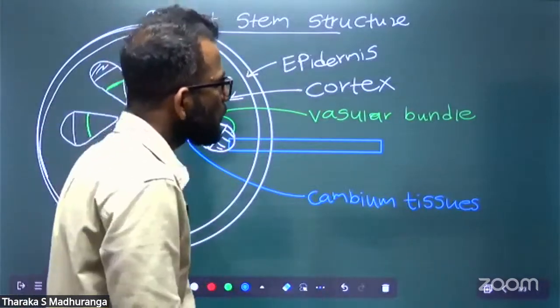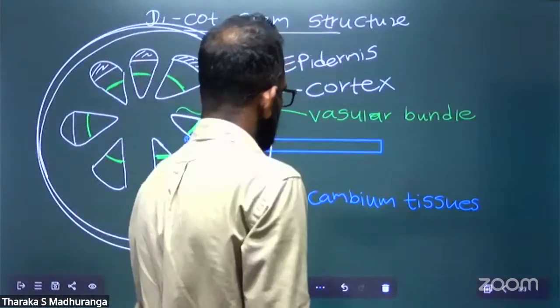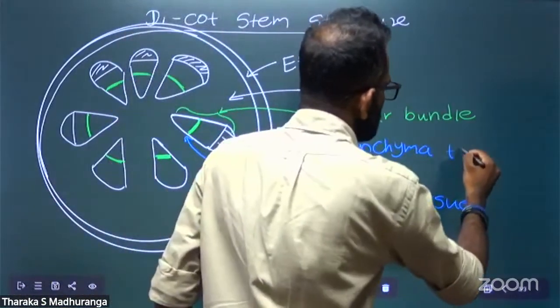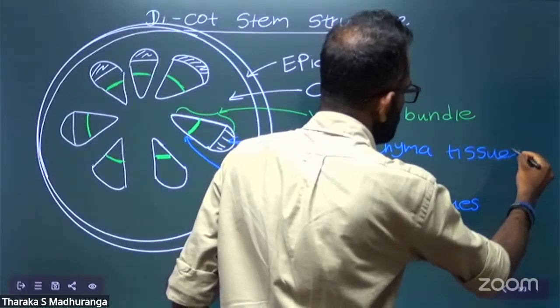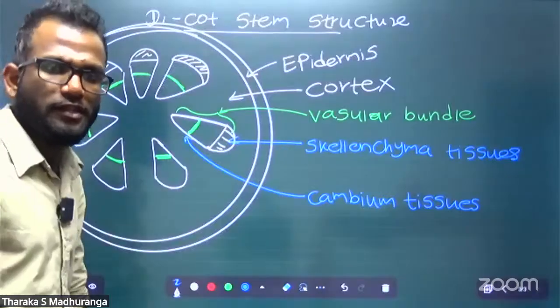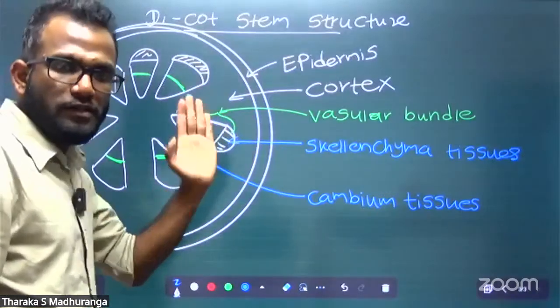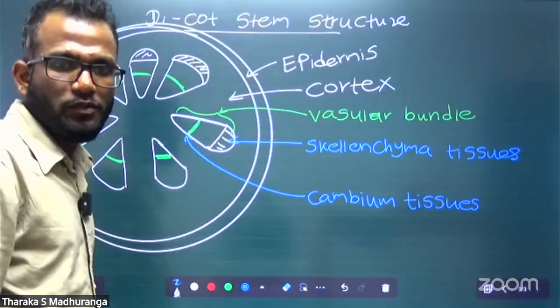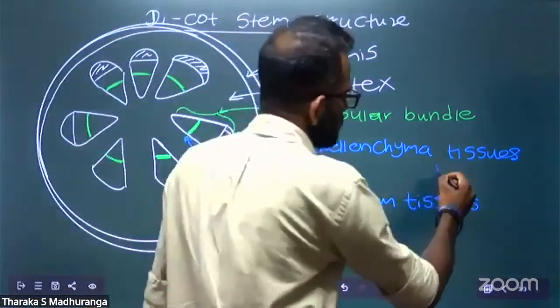Sclerenchyma. That's a dead cell region. That is important for the strength of the stem. That's the sclerenchyma cell tissue region.